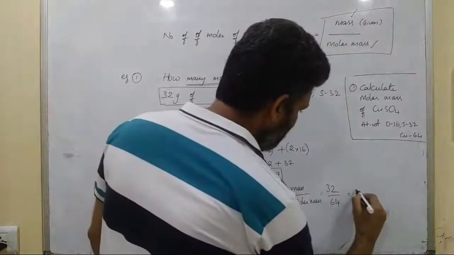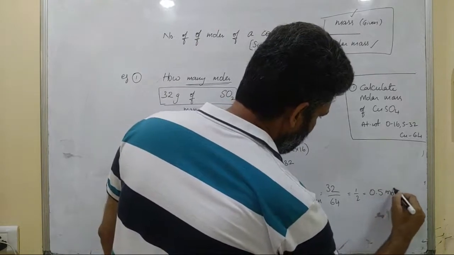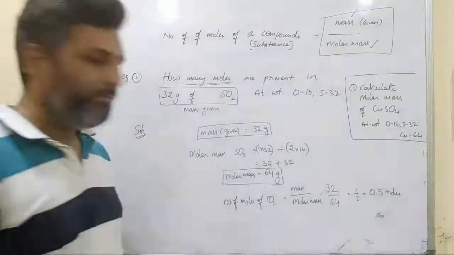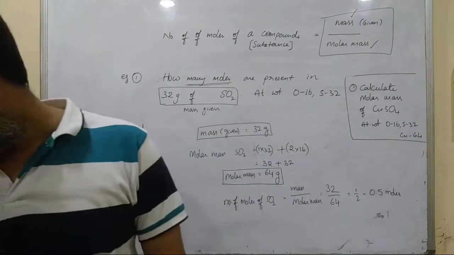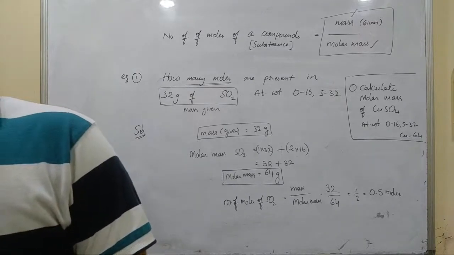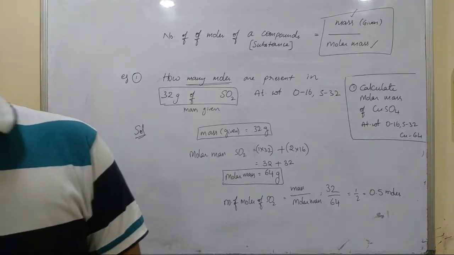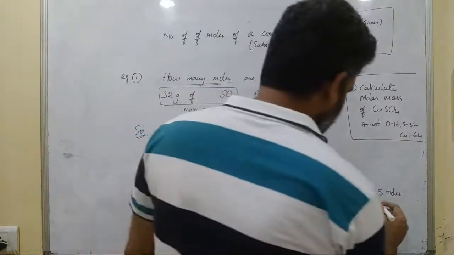So this will be equal to 1 by 2, which equals 0.5 moles. 0.5 moles means in 64 grams, that means 32 grams of sulfur dioxide contains 0.5 moles.